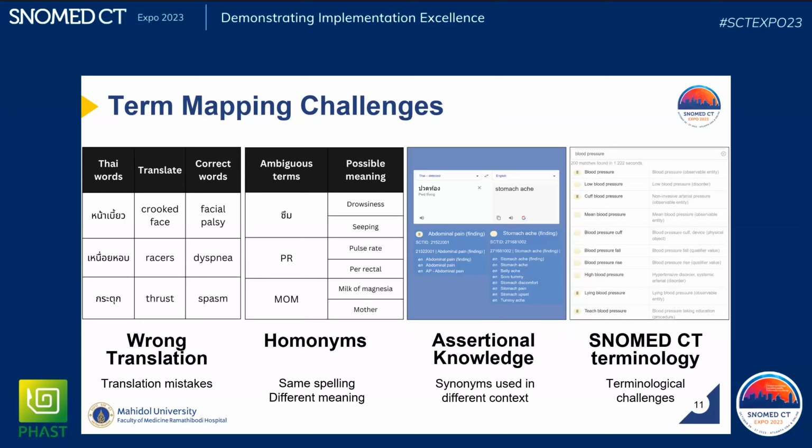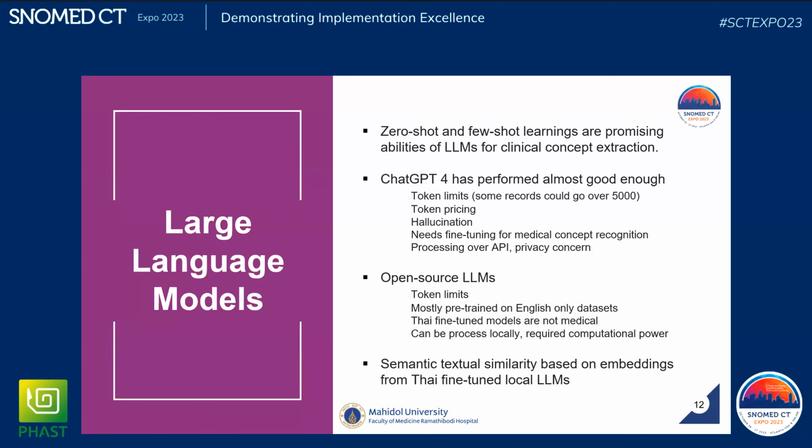To handle this, right now we are manually handling it. To tell you the truth, this project is ongoing. We are still not able to map all of the interface terms that we found.